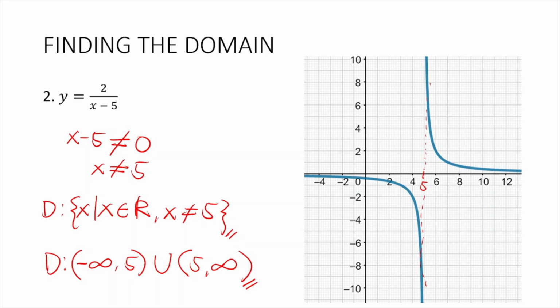So we'll talk more about asymptotes later on. So again, from negative infinity to positive 5, this is the region described by this interval. So negative infinity to positive 5 here, and then from positive 5 to positive infinity.